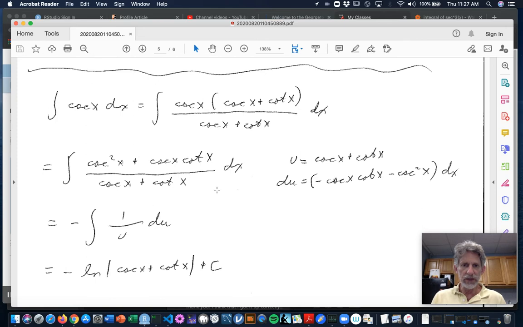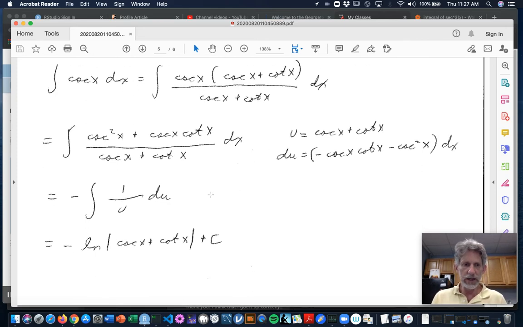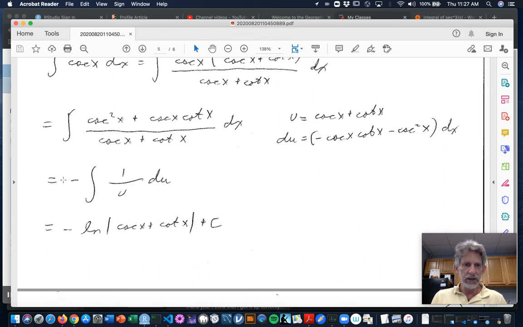And when you multiply through and do the same kind of thinking, it works a very similar way. Now, there's a minus sign here because the derivative of cosecant is minus cosecant cotangent. The derivative of cotangent is minus cosecant squared. So that will be showing up here.